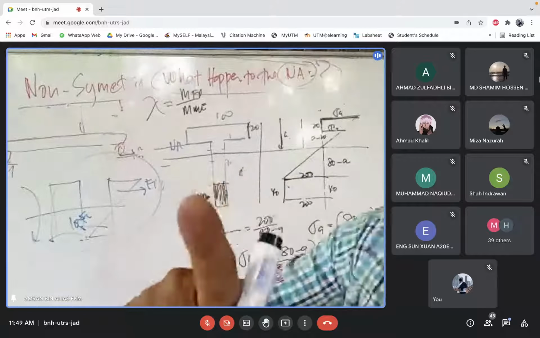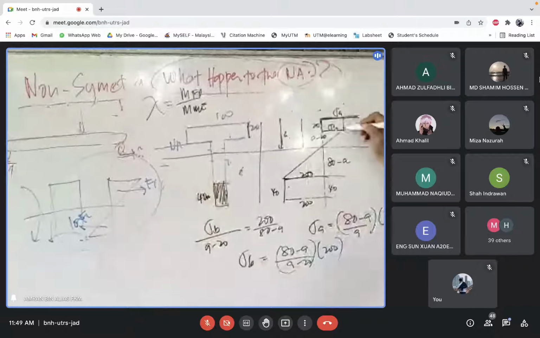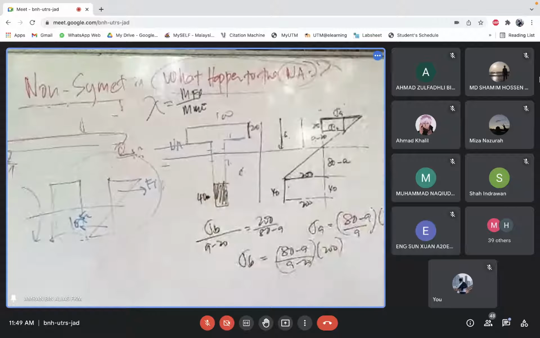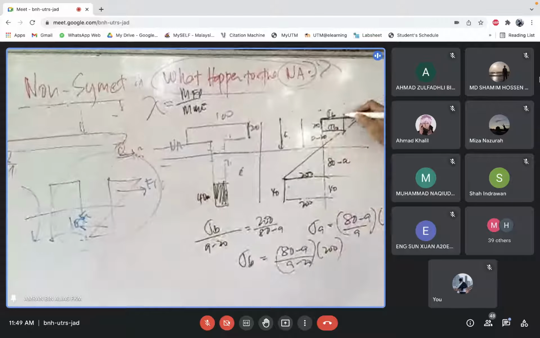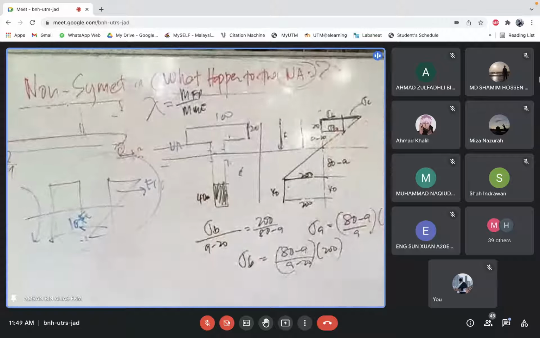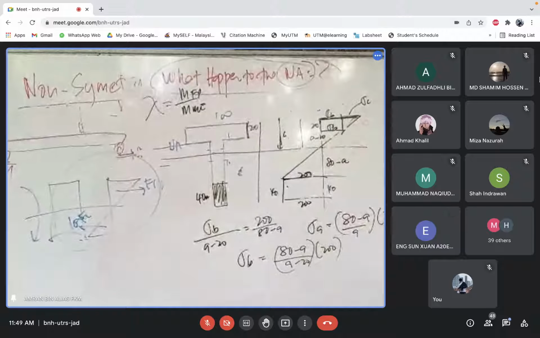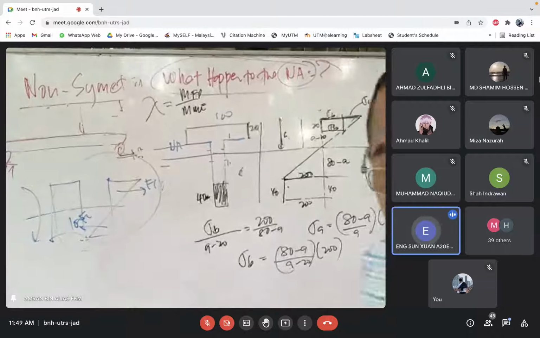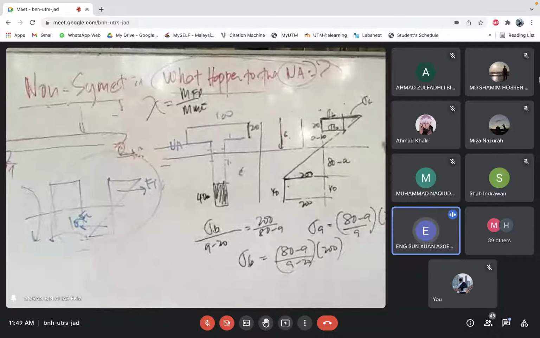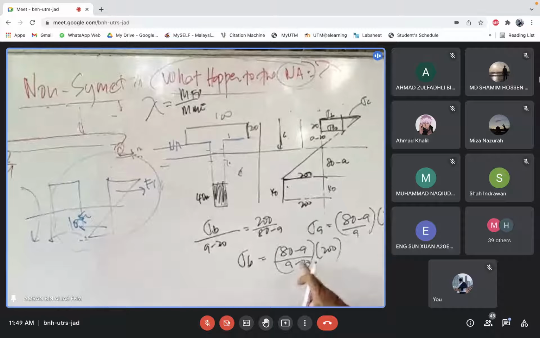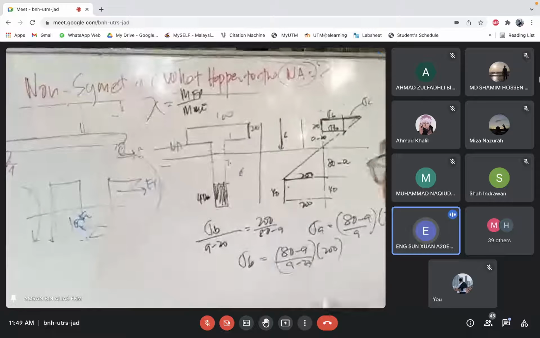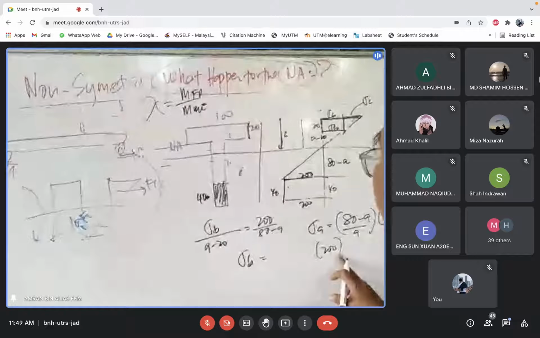So you break that into a triangle and a trapezium. Remember that? This is sigma B. What is sigma C here, what is the value there? Doctor, I think it's 200 times A minus 20, over 80 minus A. Yes, that is correct.